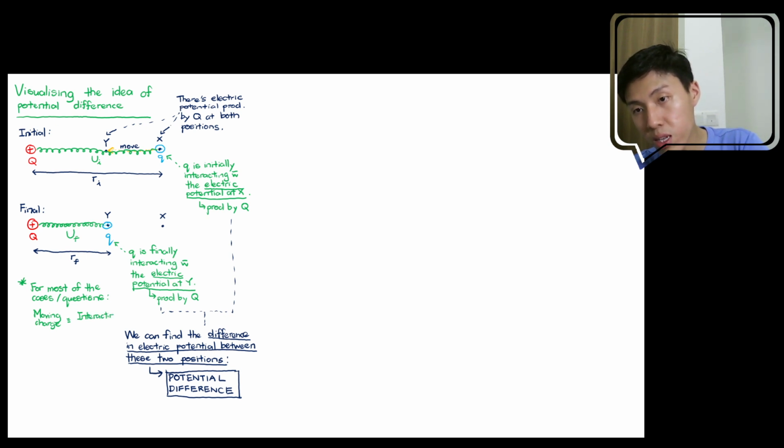So it's interacting with the electric potential at different positions. Whereas the stationary charge, the non-moving charge, you can see big Q here is stationary, not moving, right? So these charges are the ones producing the electric potential.